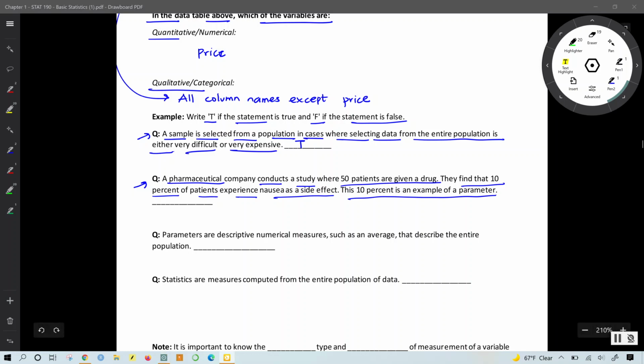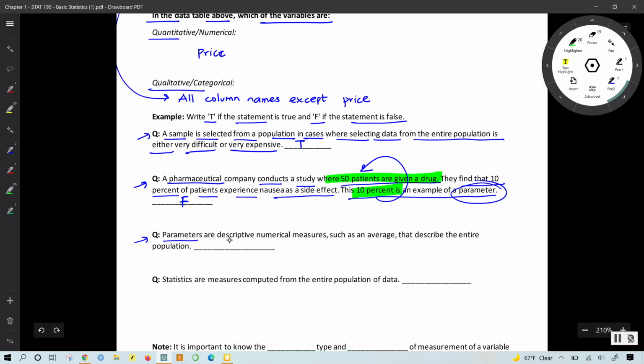In the context presented here, apparently, the 50 patients are administered the drug as a sample of those who will be taking the drug. So this number, 10%, that pertains to this sample will definitely be a statistic, a characteristic of a sample, not a parameter. So the correct answer here is false.